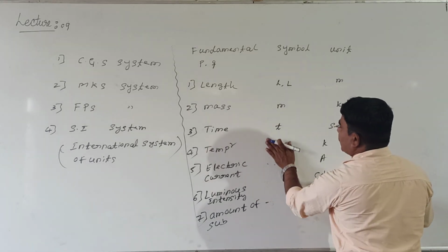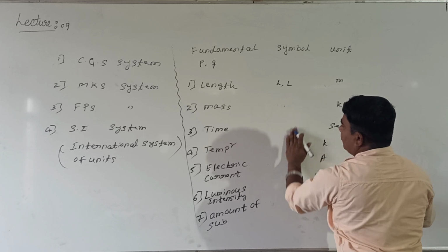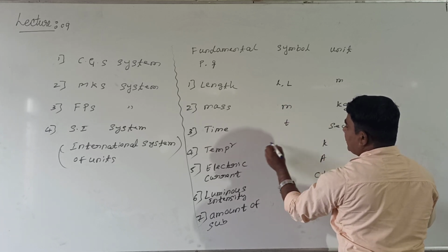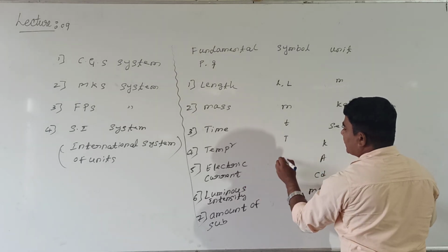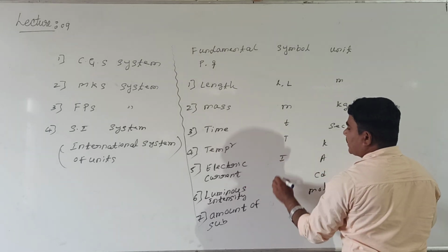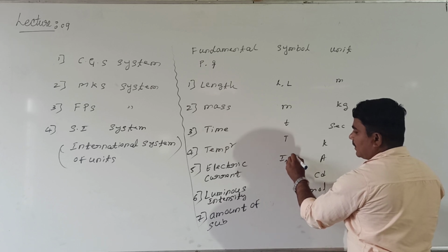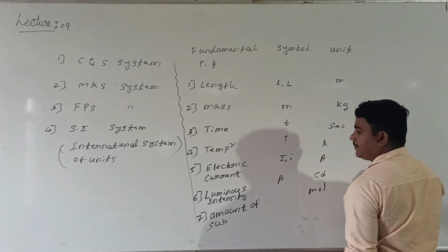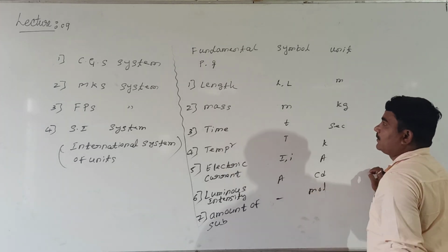Look at me one by one. Shall I take once again? The mass, that symbol is nothing but M, time symbol is nothing but T, temperature symbol is capital T, electric current symbol, either you can represent by capital I or small I, right? Luminous intensity can be represented by A, amount of substance has no symbol, right?